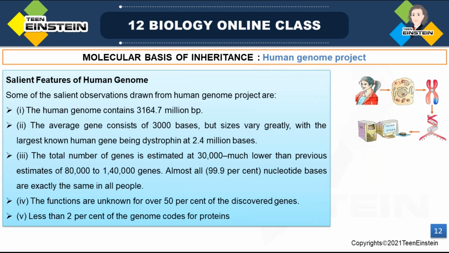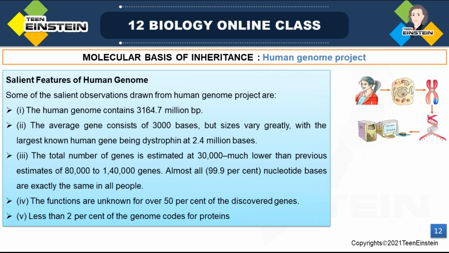So the average gene has 3000 base pairs, but the largest gene, dystrophin, has 2.4 million bases. And the total number of genes is almost 30,000.